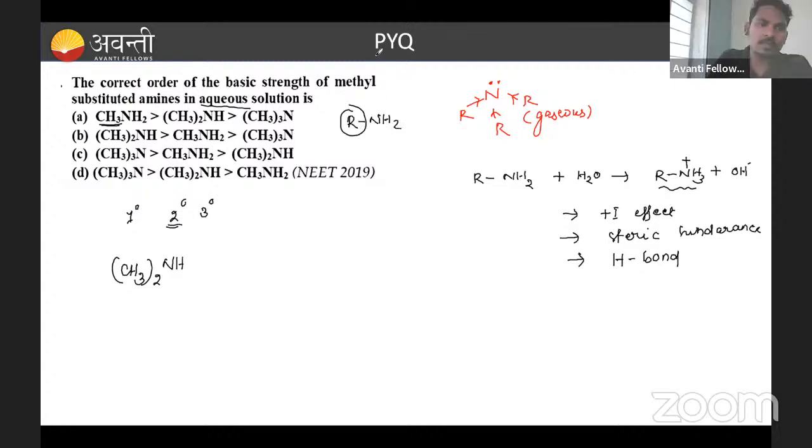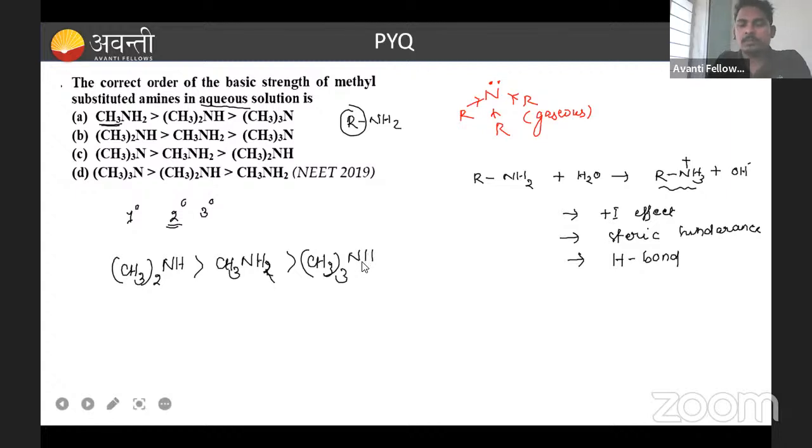So the more basic one is the 1 degree amine, CH3NH2, and after that comes (CH3)3N.